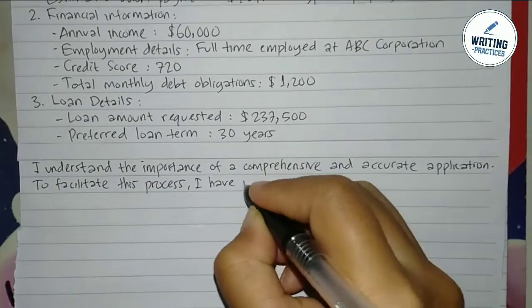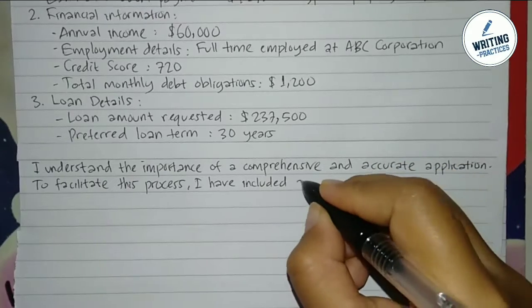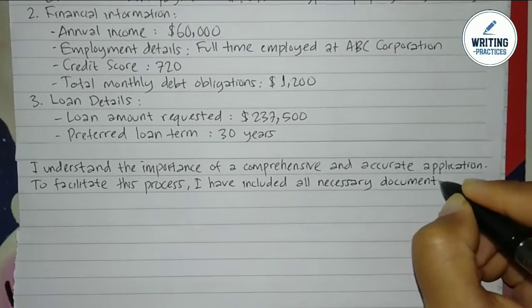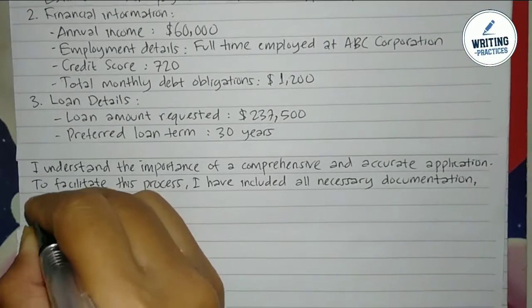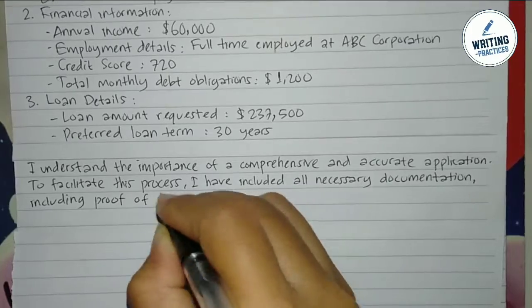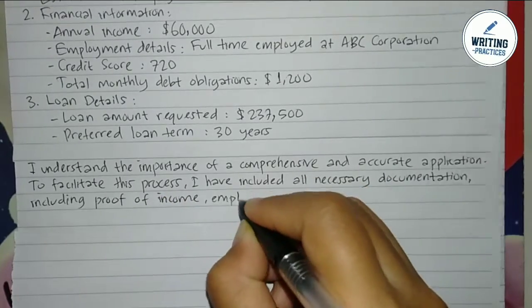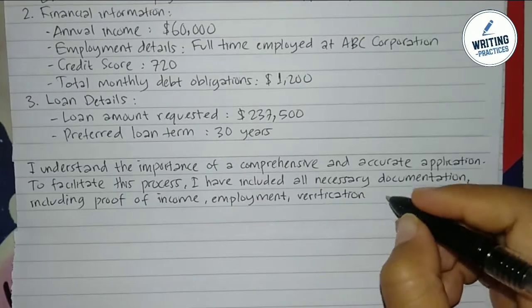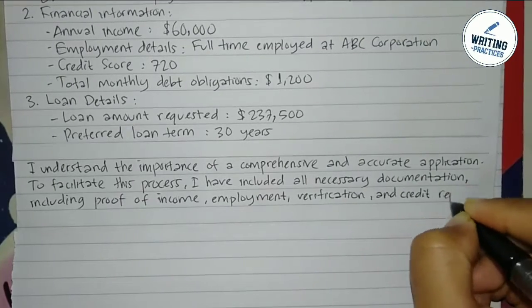You can simply write something like, "I understand the importance of a comprehensive and accurate application. To facilitate this process, I have included all necessary documentation. They include proof of income, employment verification, and credit reports."